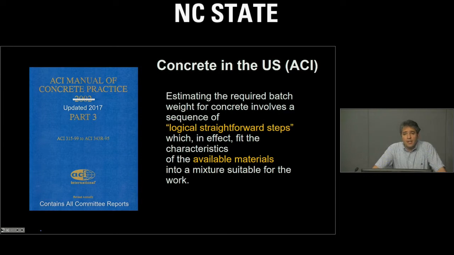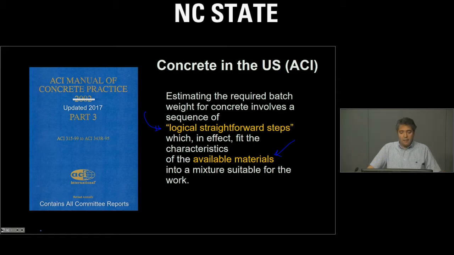ACI, or American Concrete Institute, provides a document and revises that document every so often that provides some guidelines and suggestions for how to make a concrete. And in fact, those are logical and straightforward steps that we need to follow to make our concrete. These steps, of course, are designed so that we make our concrete using the available material, local material.